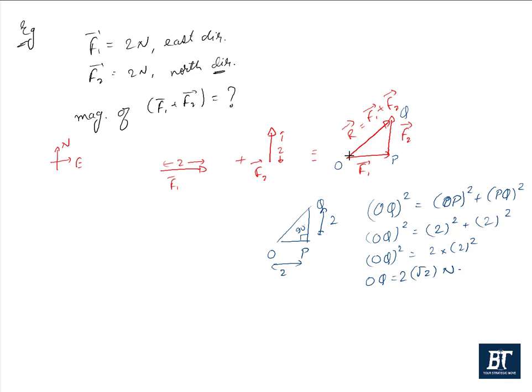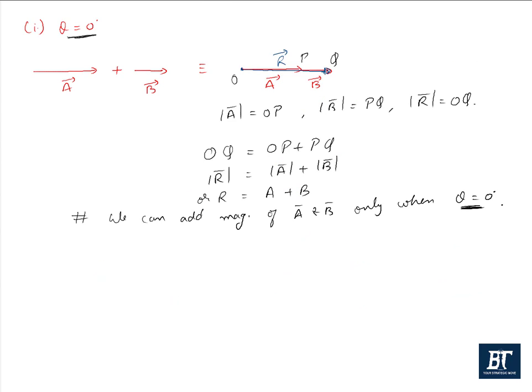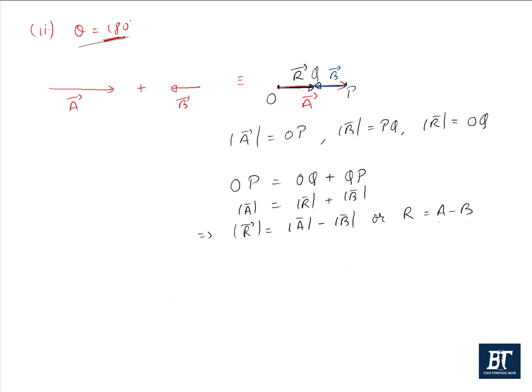And the distance between these 2 points OQ is nothing but the length of third side of the triangle, and it is equal to magnitude of vector F1 plus vector F2, which can be written as mod R or simply R, and in this case it is equal to 2 root 2 Newton. I request you all to try these examples on your own so that you get comfortable with these new rules.